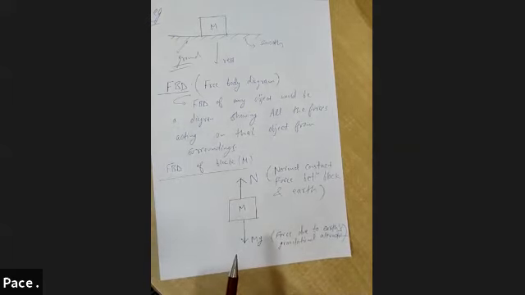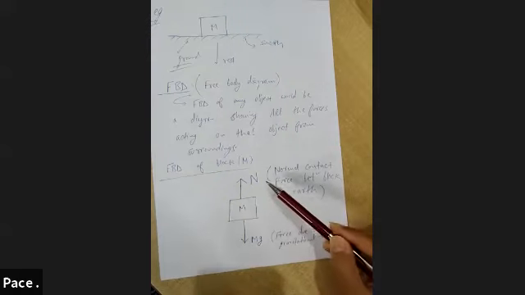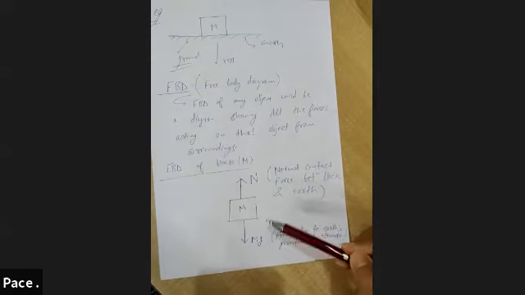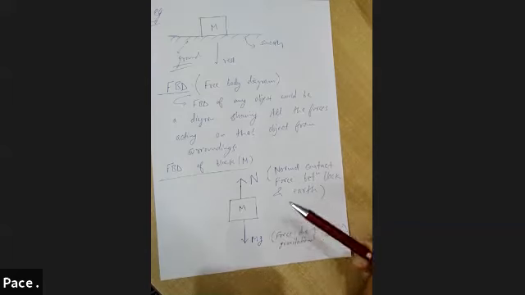Now my question to you all is, how many action reaction pairs are there? Are normal and mg forming an action reaction pair? So most of the students are replying with one.